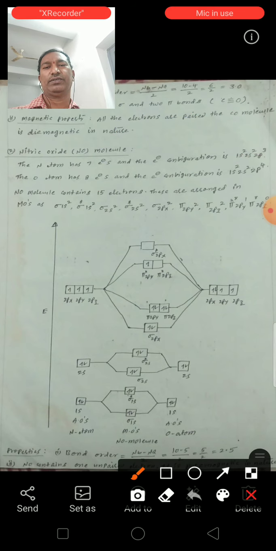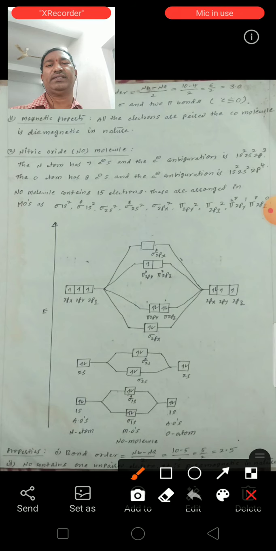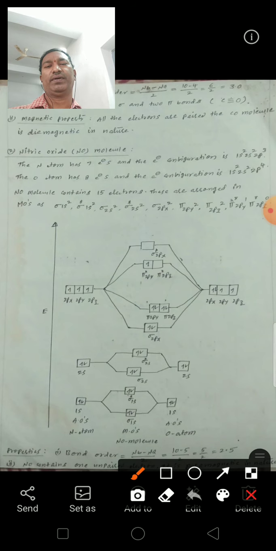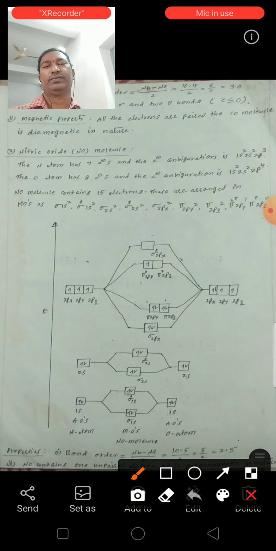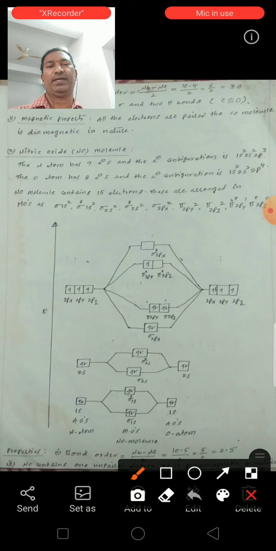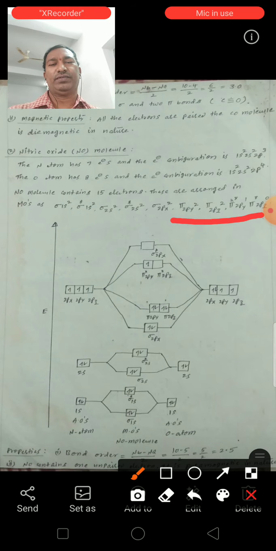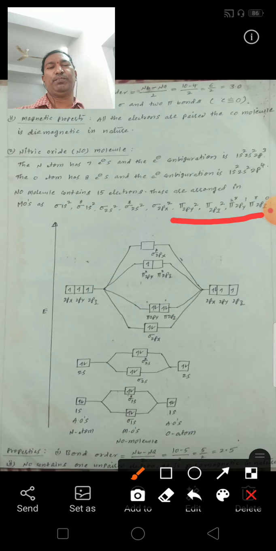So the NO molecule contains 15 electrons. These are arranged in molecular orbitals in this order: sigma 1s2, sigma star 1s2, sigma 2s2, sigma star 2s2, sigma 2px, and the pi orbitals are at the same position.